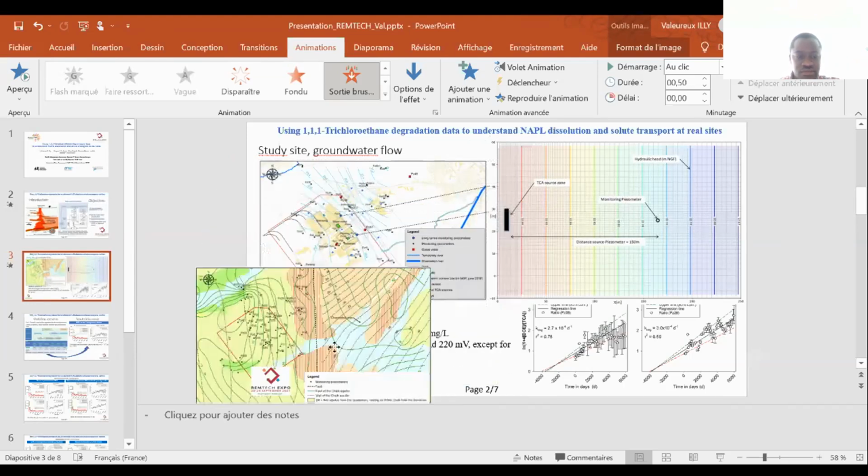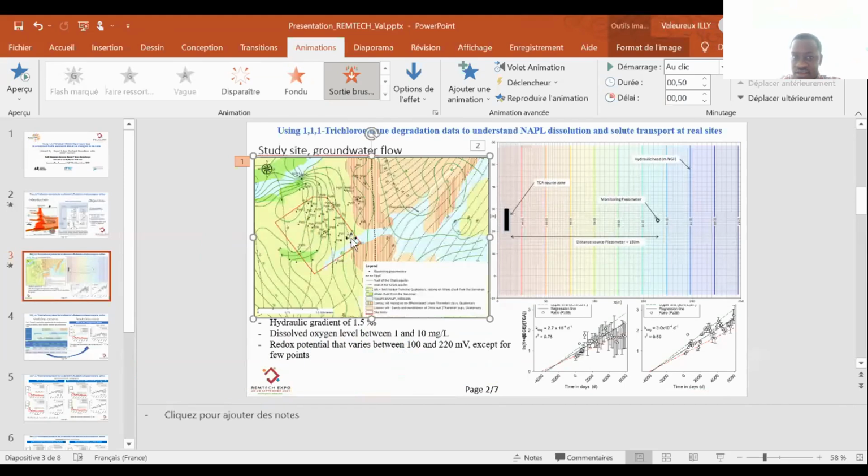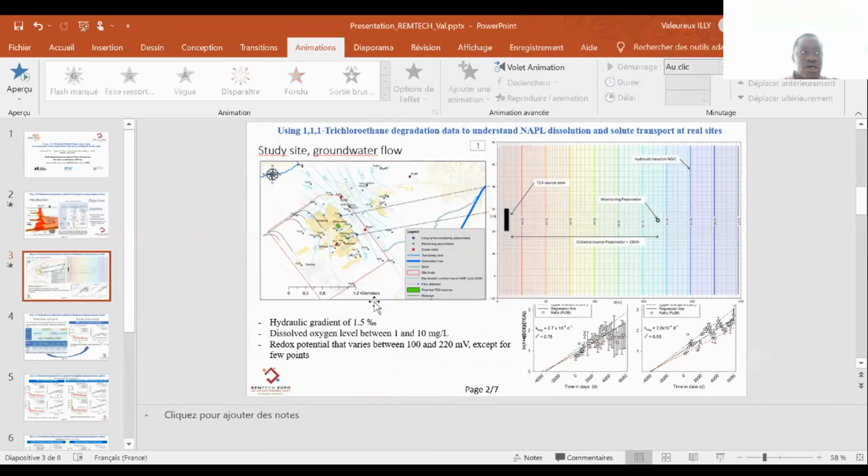So I will remove this map. Here you have the flow pattern at the level of the site. Can you still see it? Yes, we can see it. Thank you. Here you have the flow and the piezometer locations, and also the area of contamination.